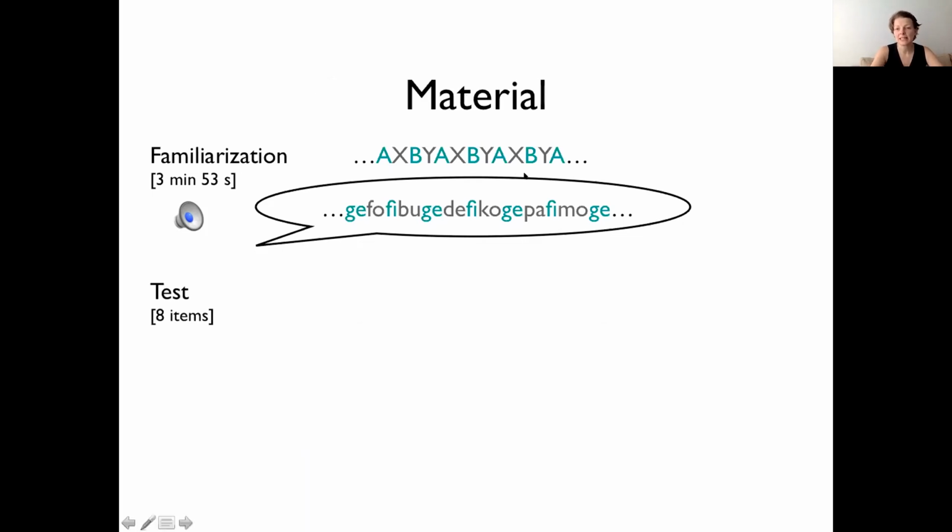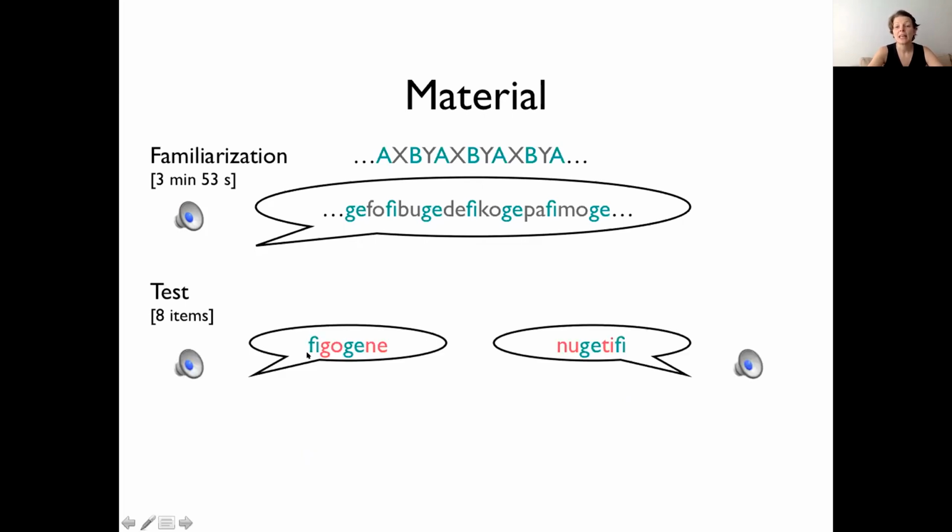After a familiarization that looked like the previous one, now in the test, we substituted either the frequent or the infrequent categories. So, of course, remember, content words come in open classes, so you can easily insert a new word anytime. And so this is what we did in the test.